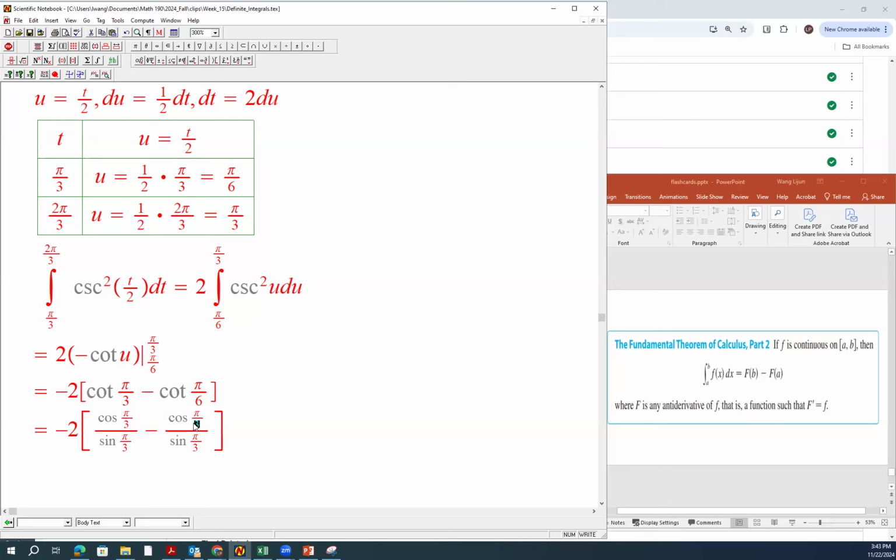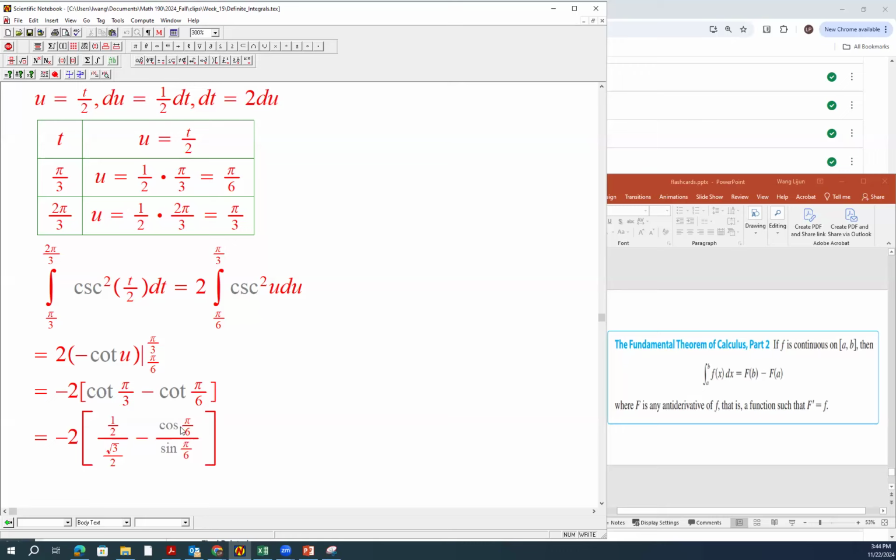We do need a couple of values, which you can get from ART or DRA; this is obviously ART. Cosine pi over 3 is half. Sine pi over 3 is root 3 over 2.